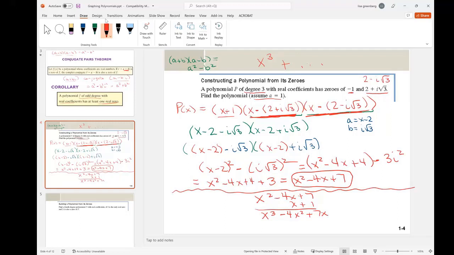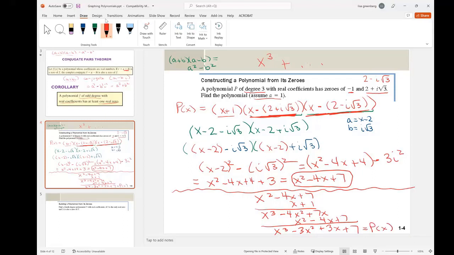Then I multiply the entire top polynomial by 1, and put it under. So I have x squared minus 4x plus 7. I add down, and I get x cubed minus 3x squared plus 3x plus 7. And that is my polynomial.